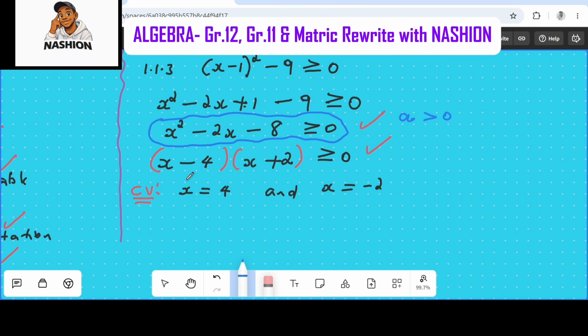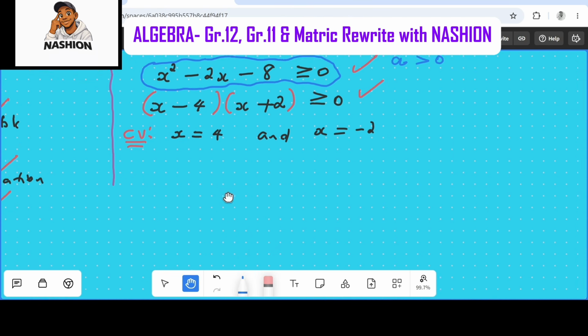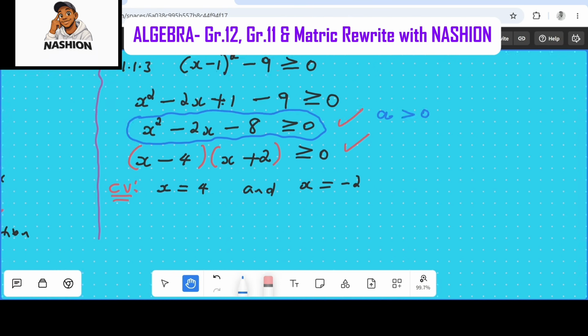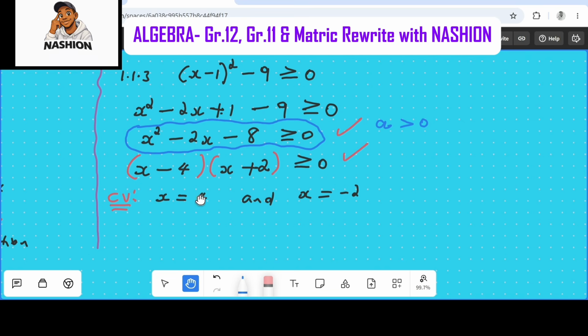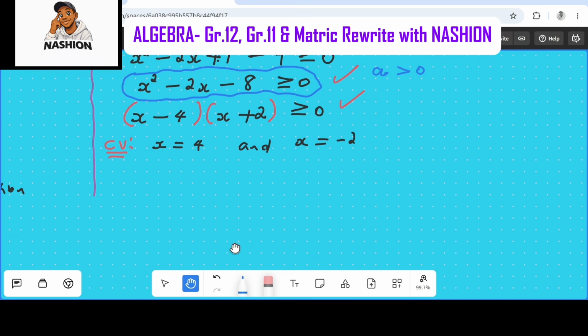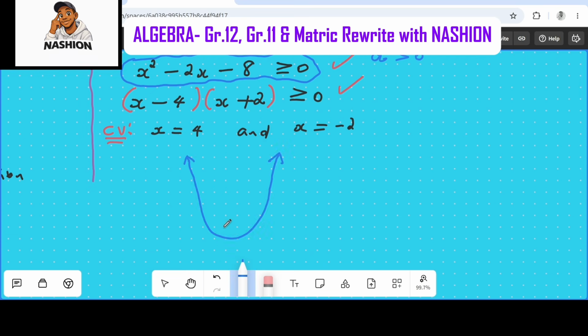So if a is positive, we know our parabola is going to smile. Why parabola? This is a quadratic expression, so we draw a quadratic function. And it's smiling, no joke, because a is greater than 0. We draw this line here and plug in our critical values. We start with the negative number, or rather the smaller number, on the left. So negative 2.